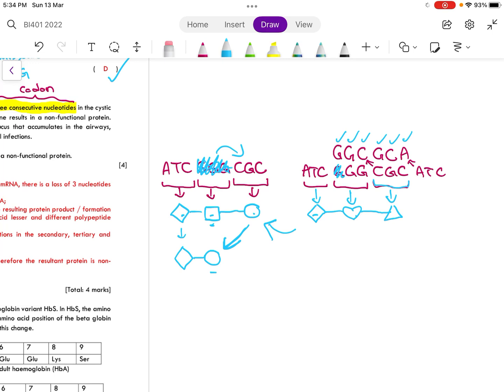But when we remove in multiples of 1 or 2, we end up getting a sentence that doesn't make sense. So a frameshift only happens when we delete or insert in multiples of 1 or 2. But in multiples of 3, everything downstream of what you delete or insert will still be read the same. You still get the same amino acids.